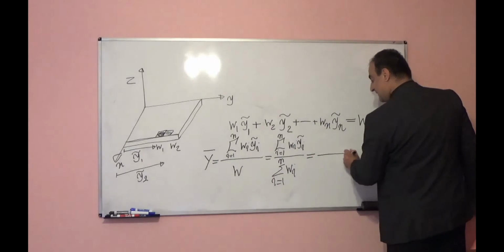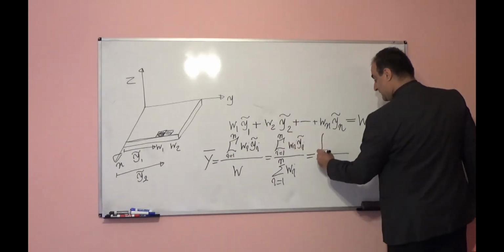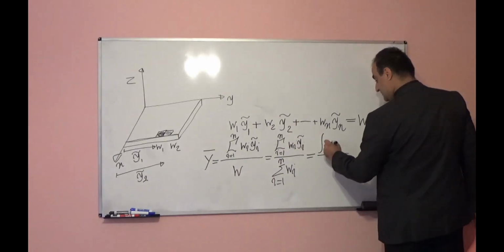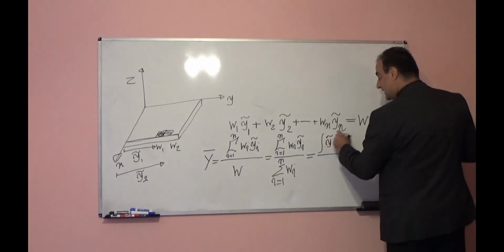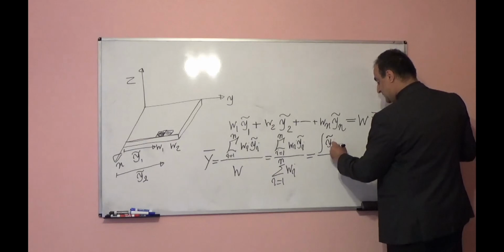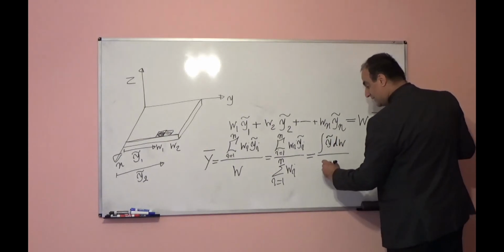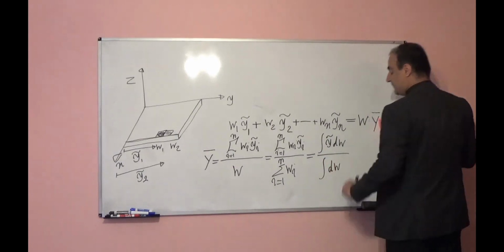This is the definition of integration of dW. The summation of Wi y tilde i is the definition of the integration of y tilde dW, divided by the integration of dW.